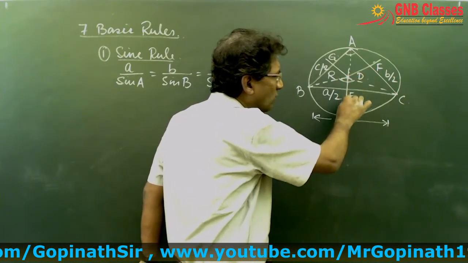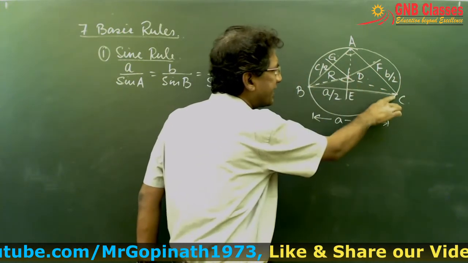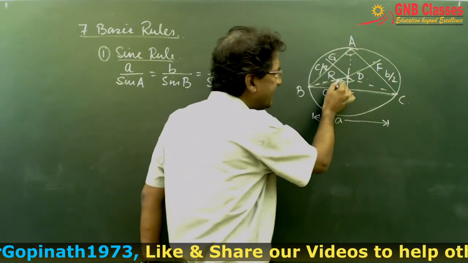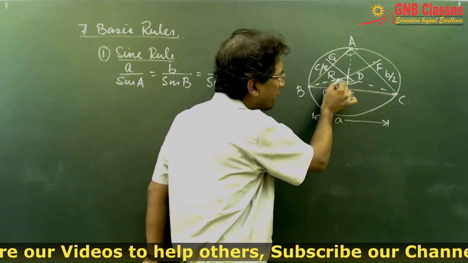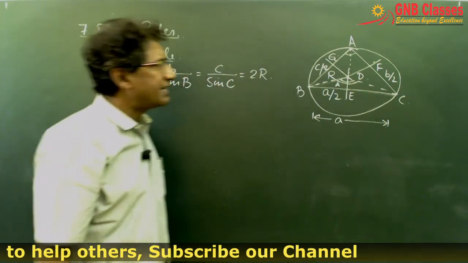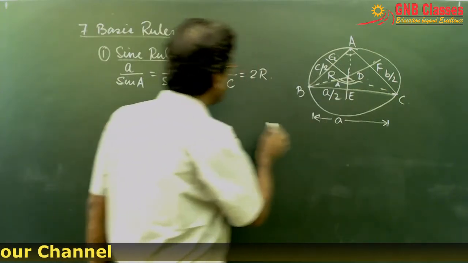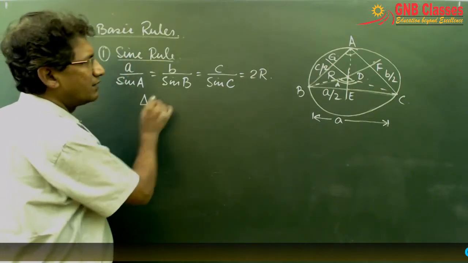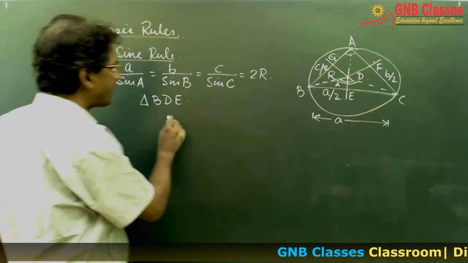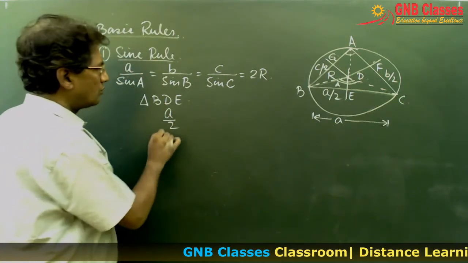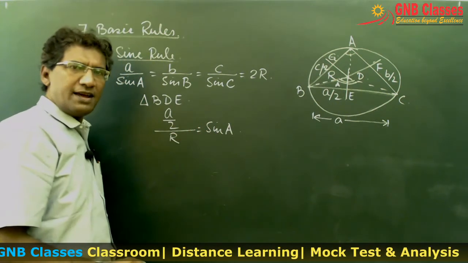Now, this is the perpendicular bisector. This triangle, triangle DBC, is an isosceles triangle. Therefore, this angle will be equal to this angle. This whole angle is 2A, therefore this angle is A. That is, angle BDE is nothing but angle A. Now, taking the triangle BDE, we can write a by 2 by R is sine A. Is it clear?